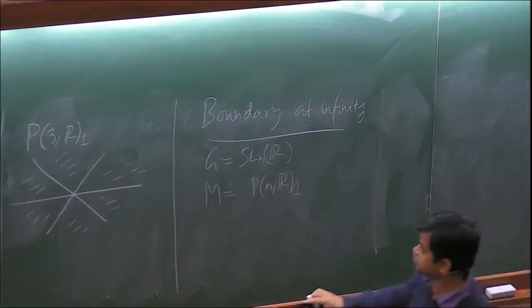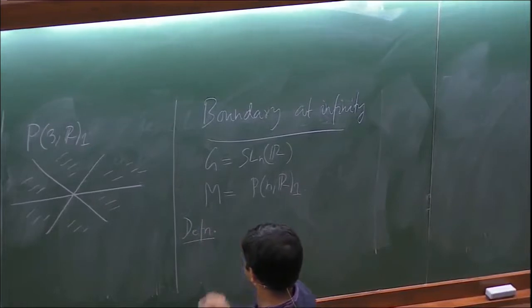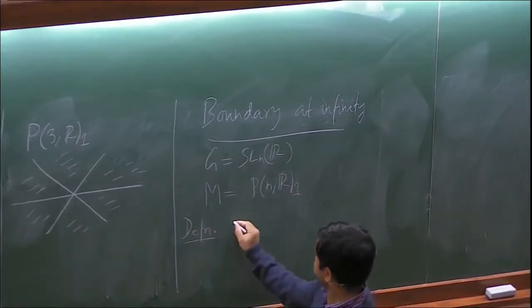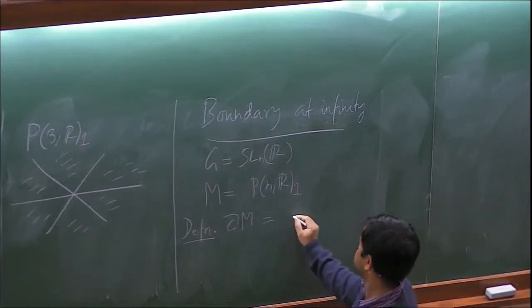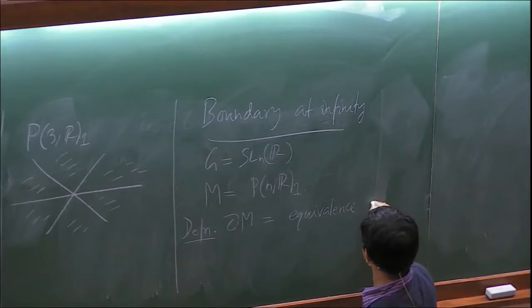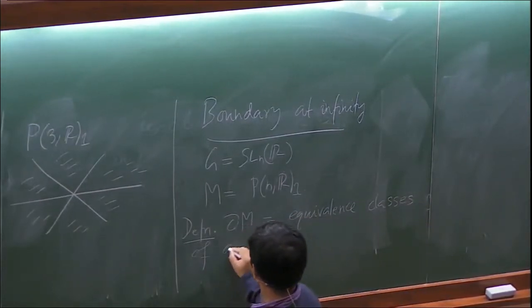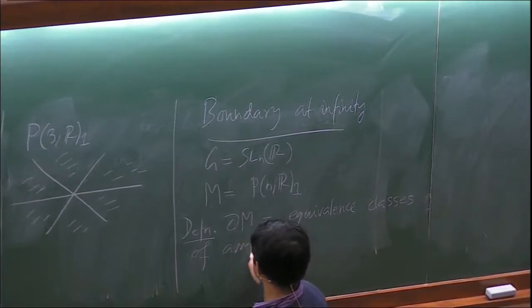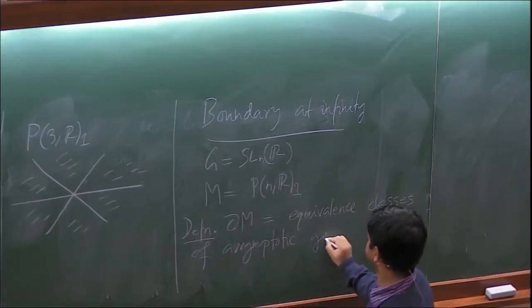So what we do is the following. Definition. The boundary ∂M is the set of equivalence classes of asymptotic geodesic rays.